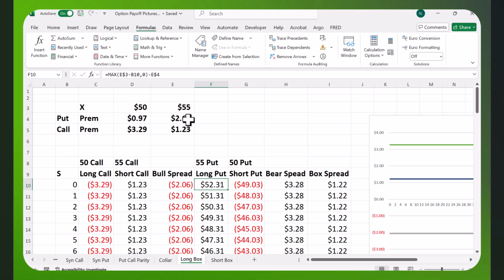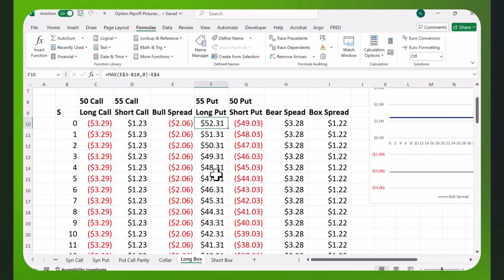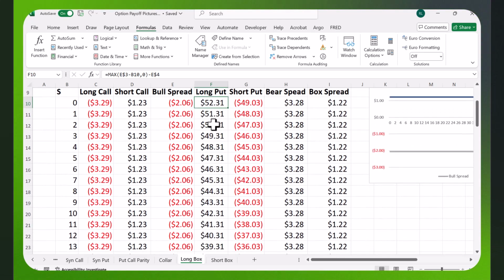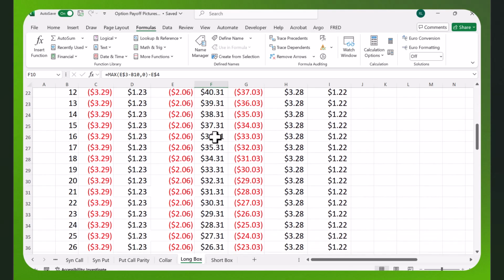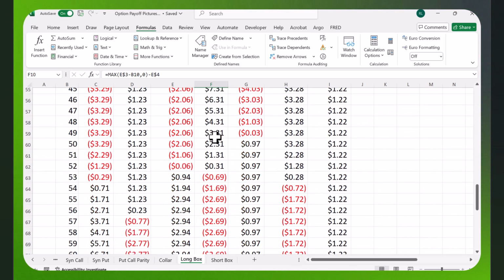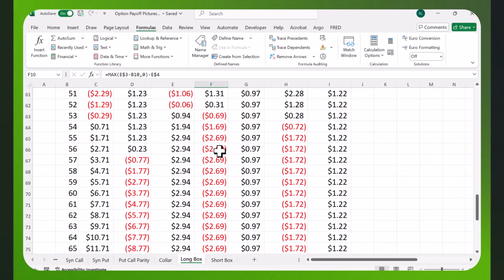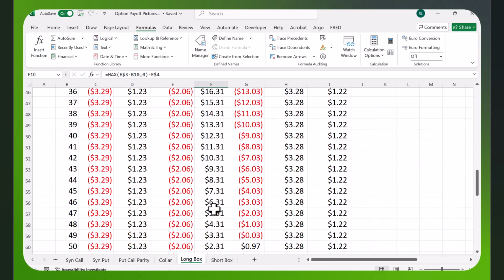And I put a dollar sign in front of that, and then I copy it down. And you can see that as the price rises, the value of this long put goes down. And then, of course, once you get to a high enough price, it becomes worthless. That is, you're going to lose your 269.